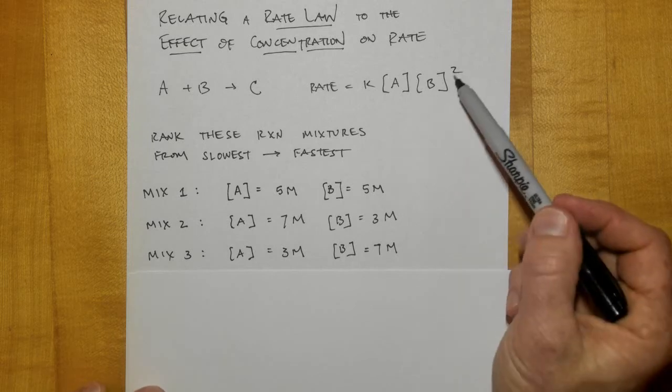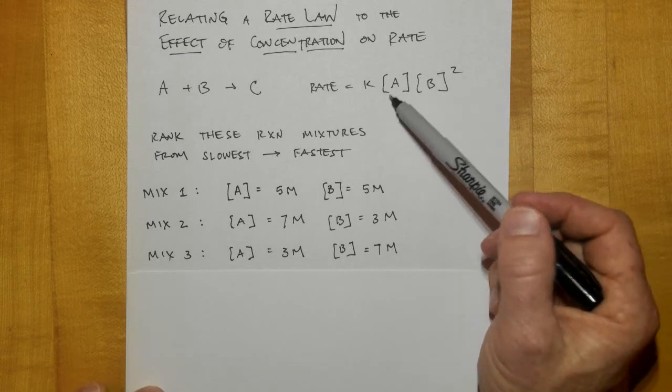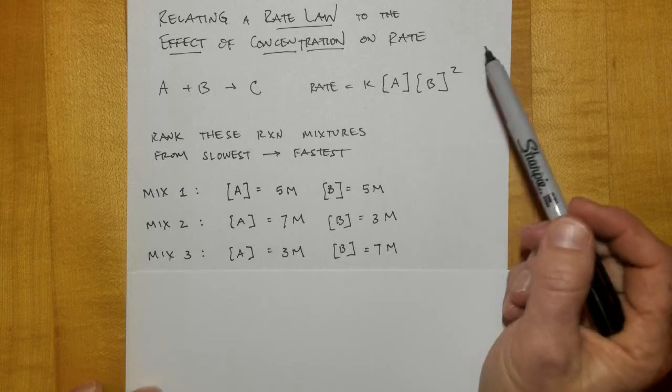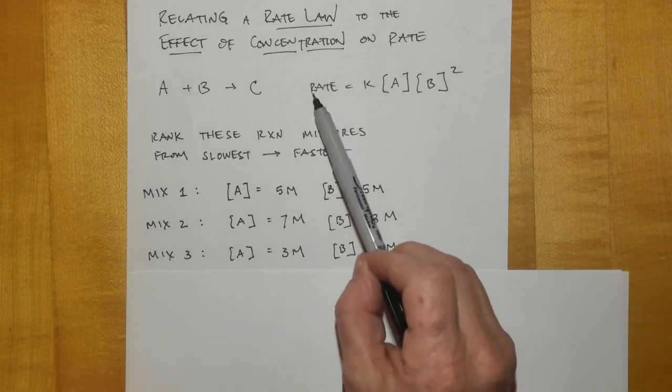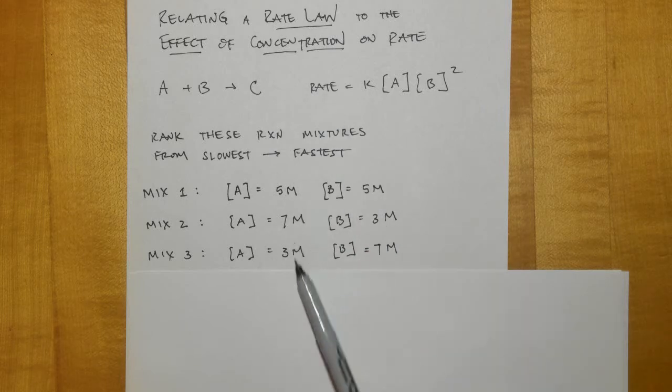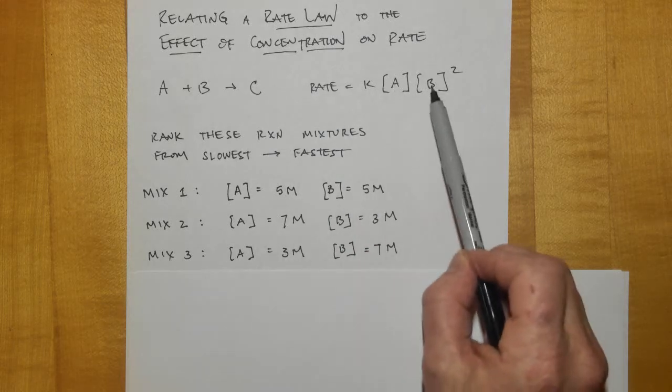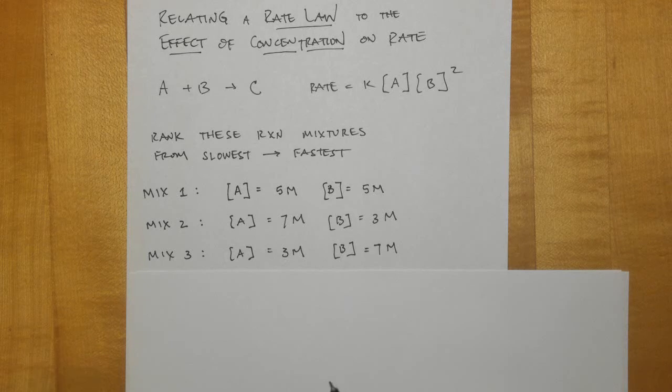For this one, this would be second order in B, first order in A, and then an overall third order reaction. Now, to find out which ones are going to give us the fastest rate, we would just take these concentrations and plug them into this rate expression, find out what the number is, and the bigger the number, the faster the rate.